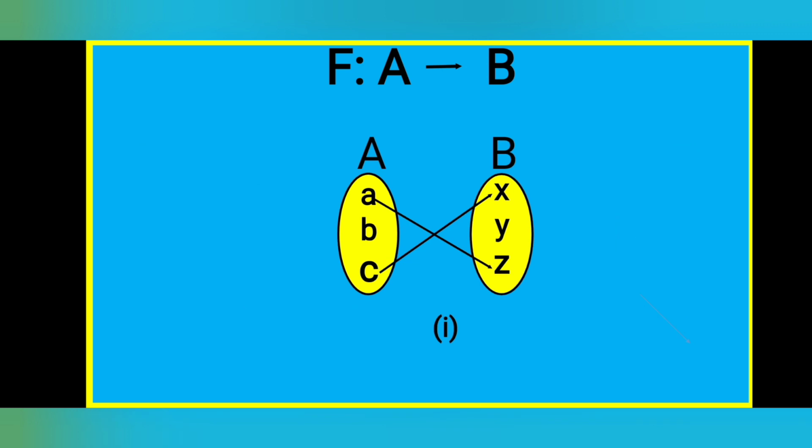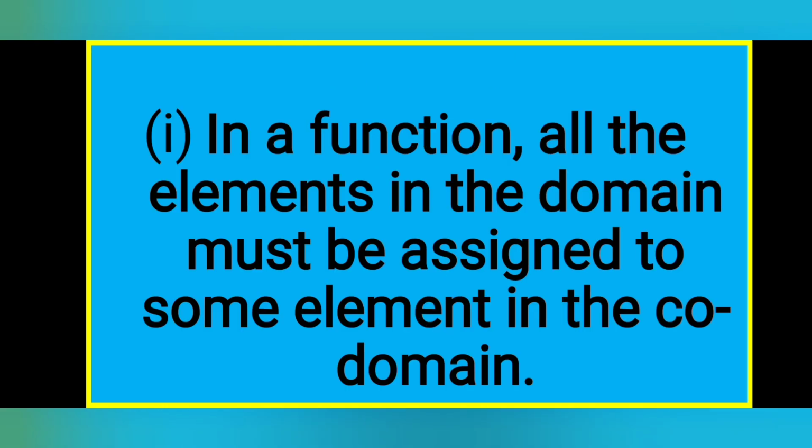Look at the first diagram here. We have two sets A and B. Set A is mapped to set B. The elements in set A are a, b, c, while the elements in set B are x, y, z. Element a is mapped to z in B, while c is mapped to x in B. Now, what can we say about this diagram? Is this a function or not?